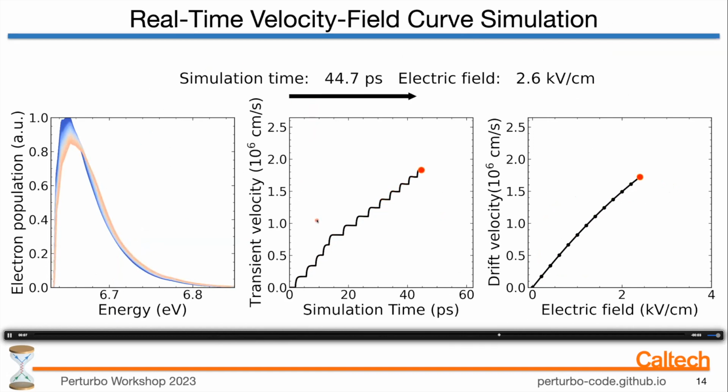In the center plot, you see the transient velocity. And on the right-hand side, you can see the drift velocity as a function of electric field, so our velocity-field curve. Also, for the simulation time, you can see that we needed to time step it until 60 picoseconds. That's the total time from the beginning till the end.